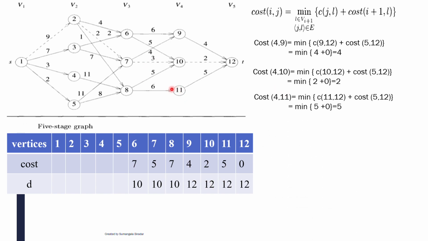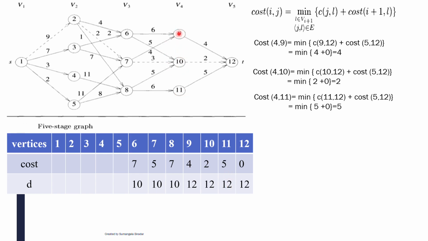Next one is 11. For 11, the adjacent vertex is 12 here. Same thing, 4 comma 11. So C of 11 to 12, the edge cost is 5. And the 12th cost in the cost table, for vertex 12, is 0. 5 plus 0 is 5. Then you have to update the cost table: for 11 it is 5, and 12 is the adjacent vertex. This is for the fourth stage.